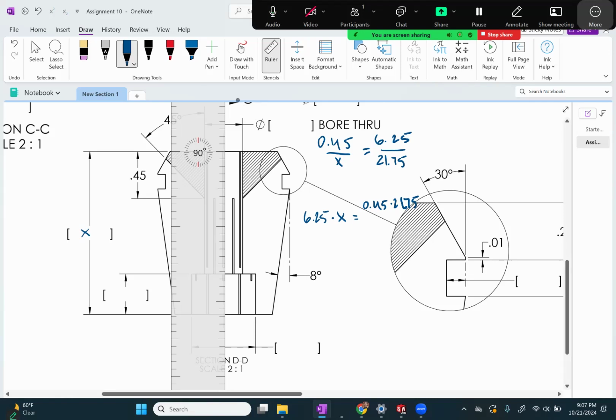If we divide 6.25 to both sides, we get x equals 0.45 times 21.75 all over 6.25. We'll grab a calculator and do some math.